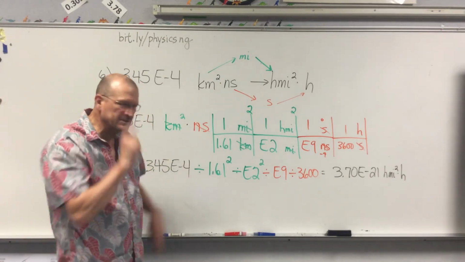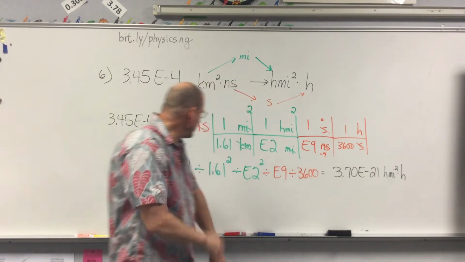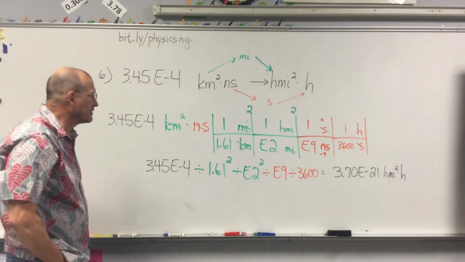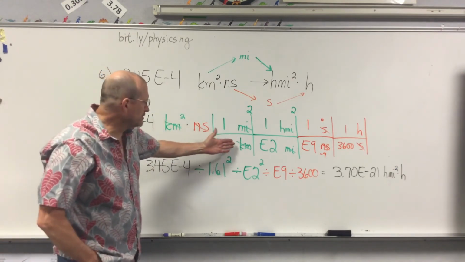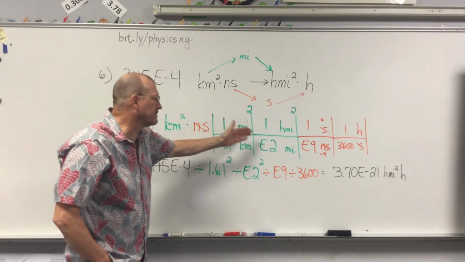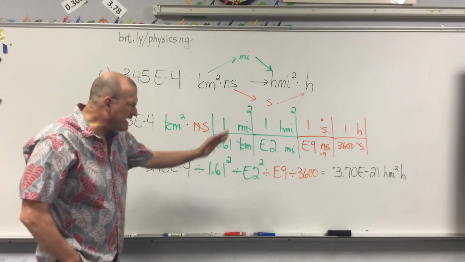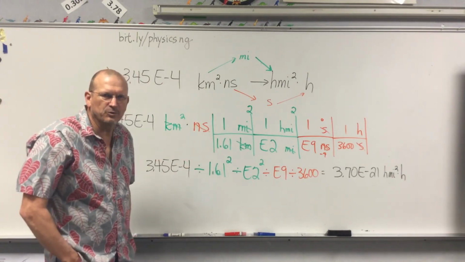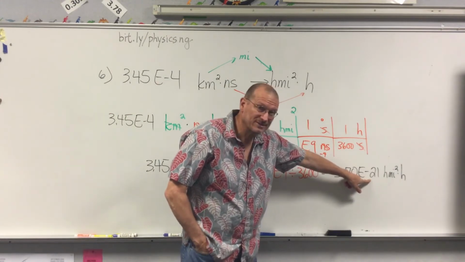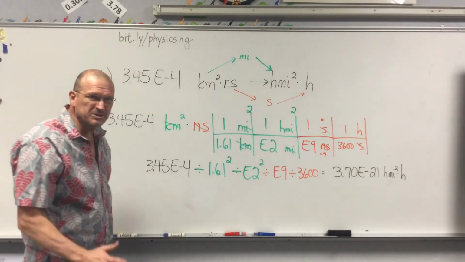So if you used, for example, the 0.62, you might end up with a slightly different value than the 3.70. Or if you forgot your kilometer to mile, I have some people who go kilometer to meter, meter to feet, feet to mile, and then continue. That could cause a little wiggling around in the room. But if your -21 does not match, then something went wrong there. Okay, so that's problem number 6 done.